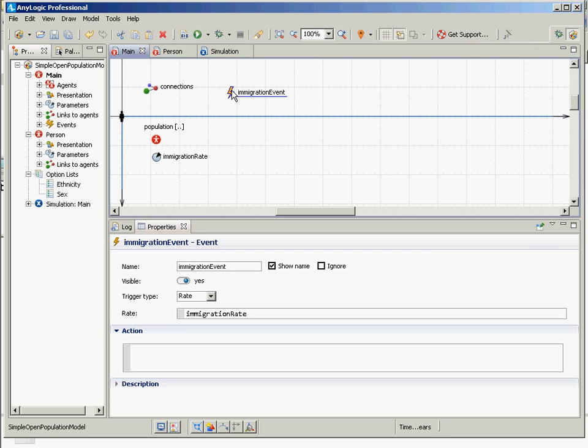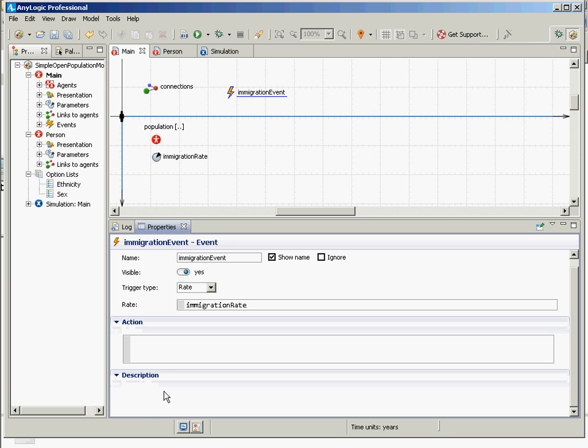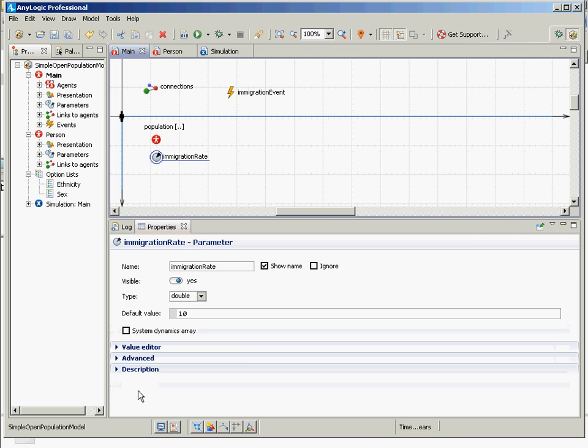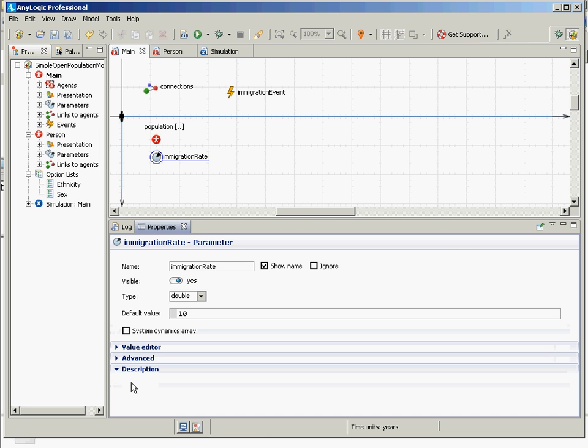I could do that. So for the immigration event, you could go in the description field and say this is the mean number of people arriving in the population annually, something like that.